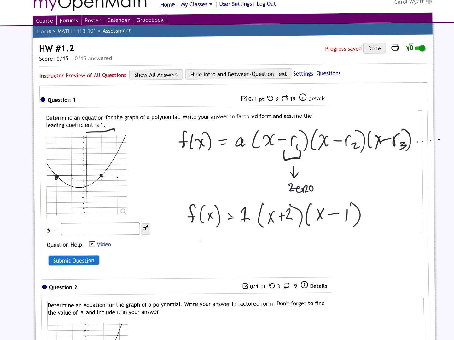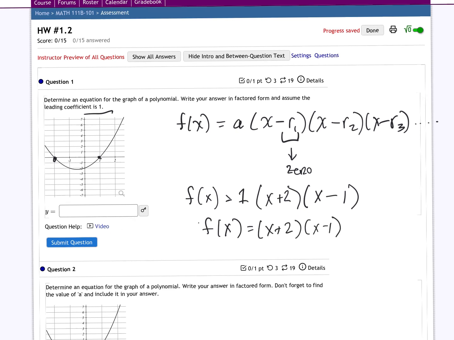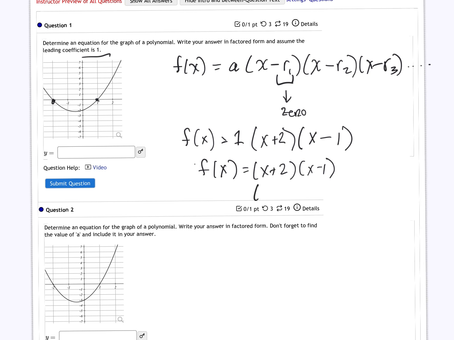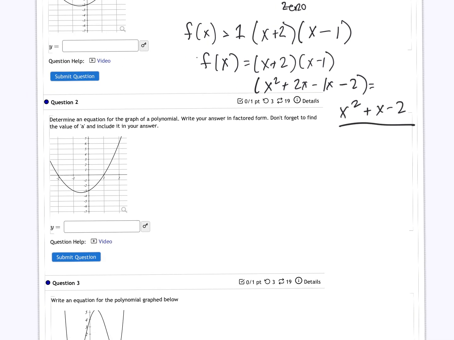This equation should end up being, I think my open math will take it without being FOILed, multiplied out. But if not, multiply it out, making sure you have all 4 parts. You end up with that.